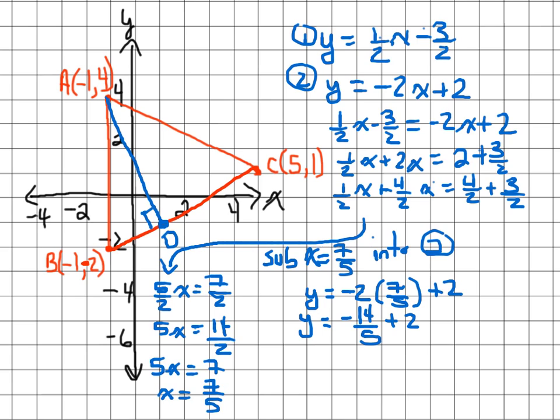Now I'm going to need a common denominator to add these. So -14 over 5 plus 10 over 5, and that will give me -14 plus 10 is -4 over 5.